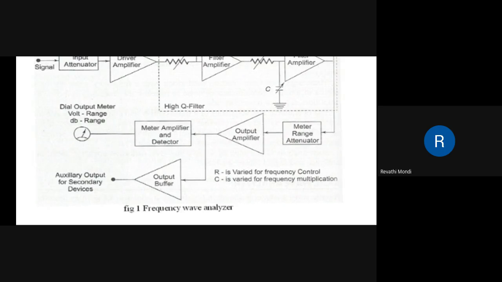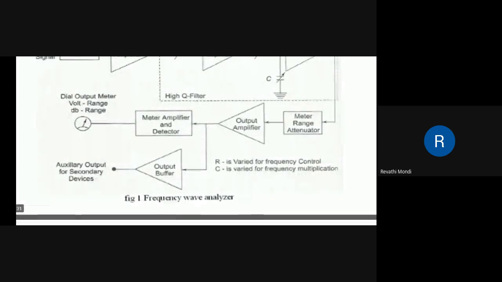After that, we have the meter amplifier and detector, which amplifies the frequency range of the signal and detects the range of frequency required. Finally, as the result of the analysis, we observe which range of frequencies is there in the meter.